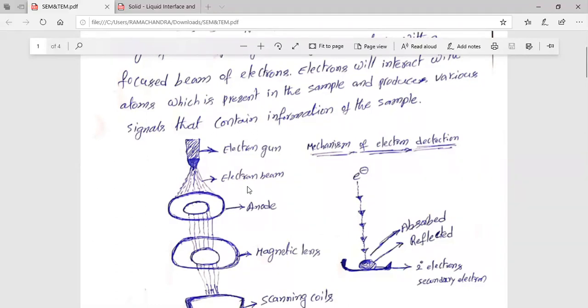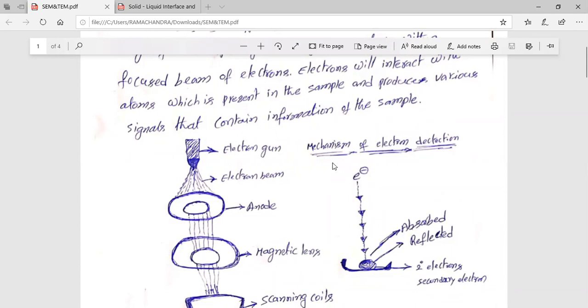Here we use electrons, and that is why it is called scanning electron microscopy. Scanning means we scan, so we are using electrons in the microscope, and the microscope is used to detect the electron images. That's why it is called scanning electron microscopy.